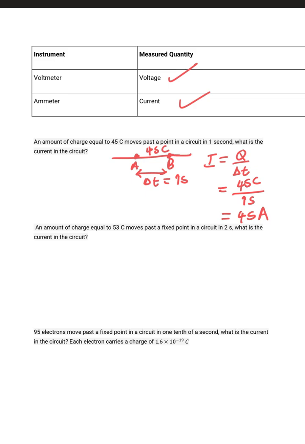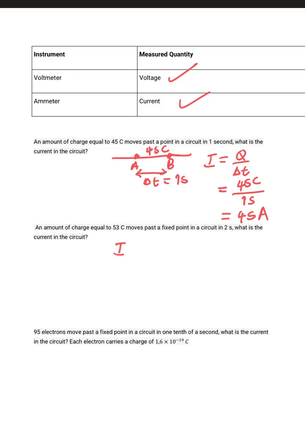The second example says an amount of charge equal to 53 coulombs moves past a fixed point in a circuit in 2 seconds. What is the current in the circuit?